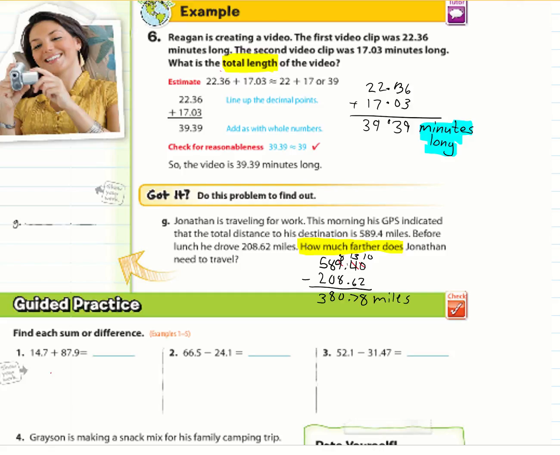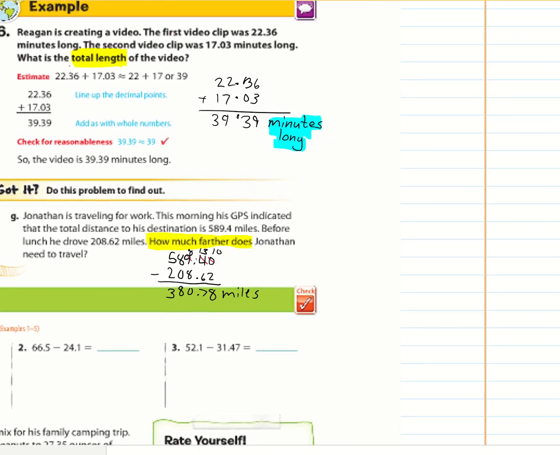Now, along with this, I'm also going to include a picture. So if we have the total distance is 589 and 4 tenths miles, and we have already traveled about 208 miles, how much further do we have to go?